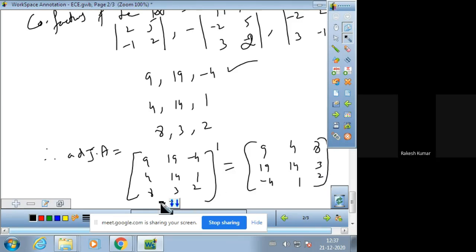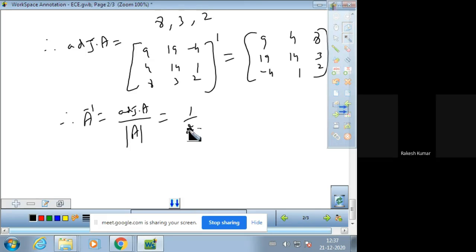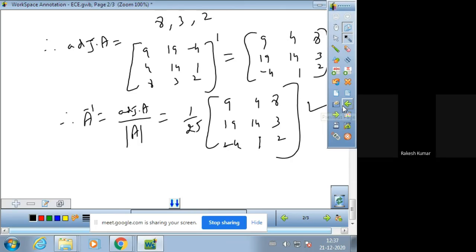This is the adjoint of the given matrix. And your A inverse will be the adjoint of A divided by its determinant. So 1 over 25 and this matrix. This is the inverse of the given matrix. So in this way, you will be able to find the inverse of a matrix.